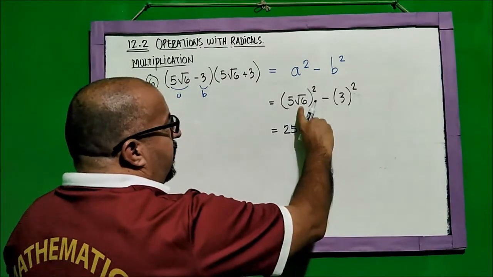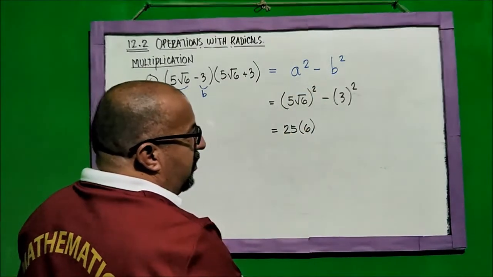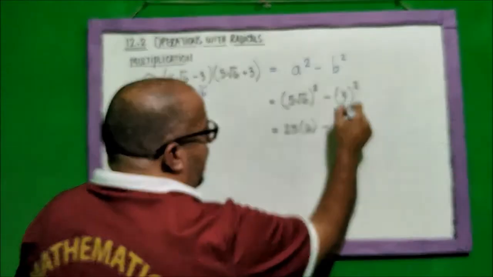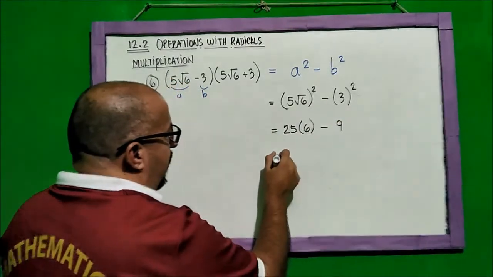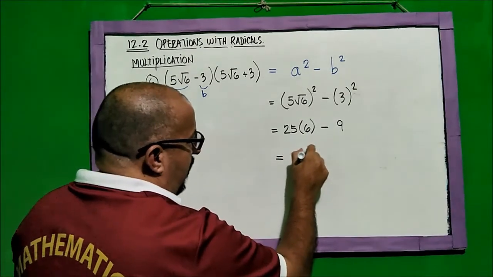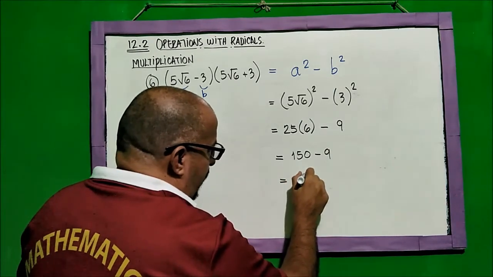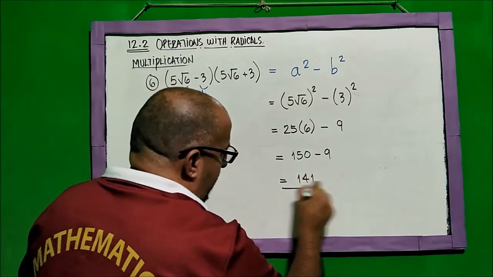The square root of 6 to the second power becomes 6. Remember, the roots get cancelled. And 3 to the second power becomes 9. Here, what we have is 150 minus 9. And finally, the final answer, which is 141.